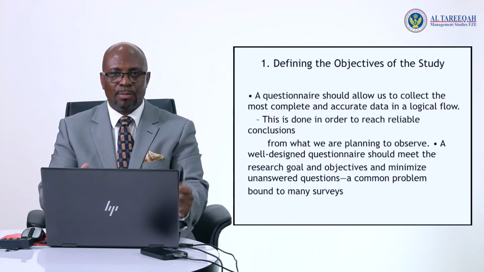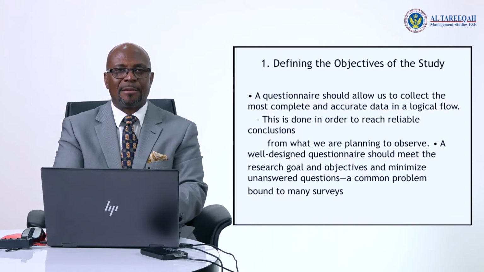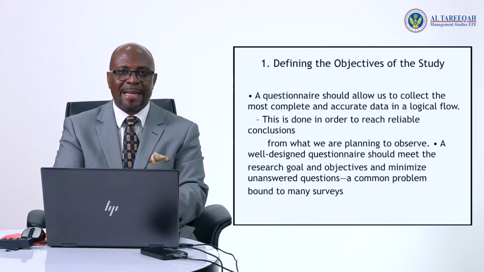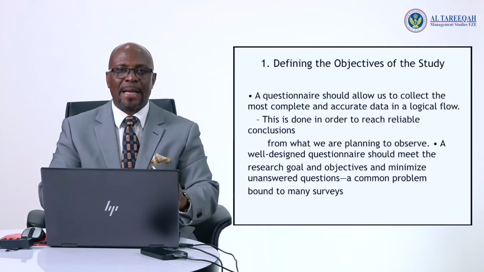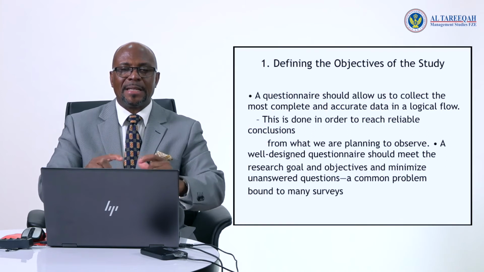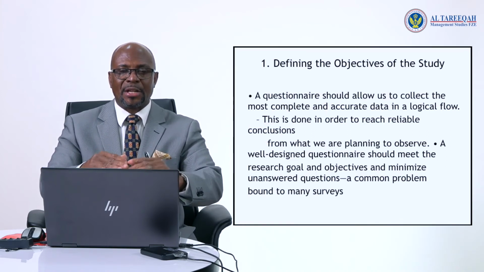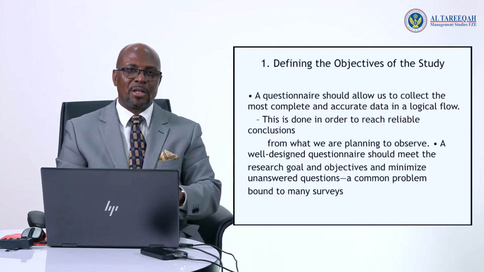So you should go back and review your objectives and your research questions, most specifically the research variables that you use in developing your hypothesis statements. These need to now have a section in your survey questionnaire.